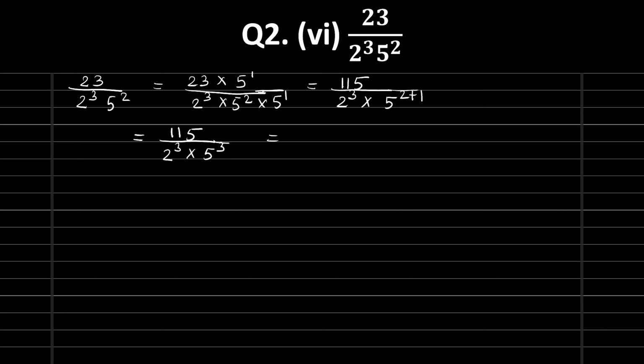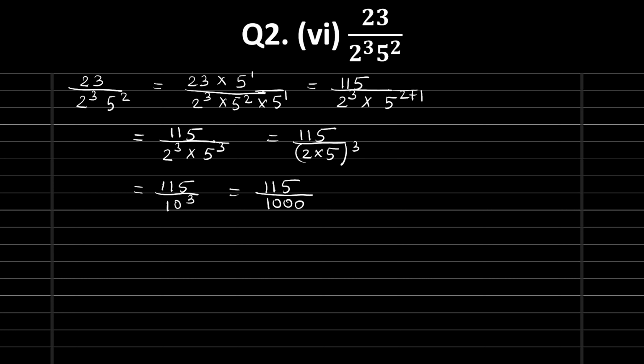So, which can be written as 115 divided by 2 into 5 whole raised to 3. Now, 2 into 5 is 10. So, 10 raised to 3. 10 raised to 3 is 1000. So, we can write down 115 upon 1000.